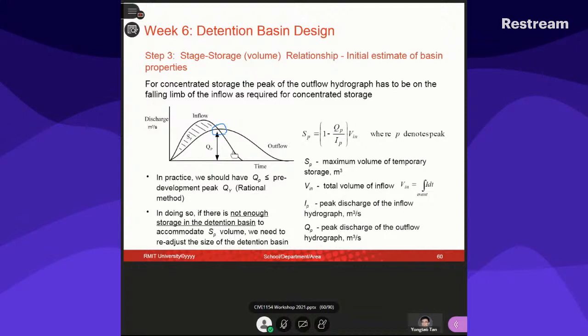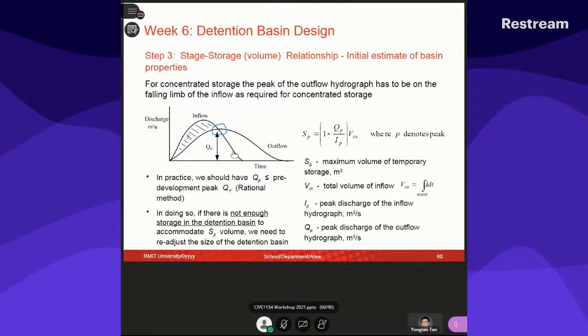In practice, we need to know the criteria. We should have QP less than the pre-development peak flow rate from the rational method. So this is one criteria, remember. The peak of the outflow QP should be less than the pre-development peak rate from the rational method.